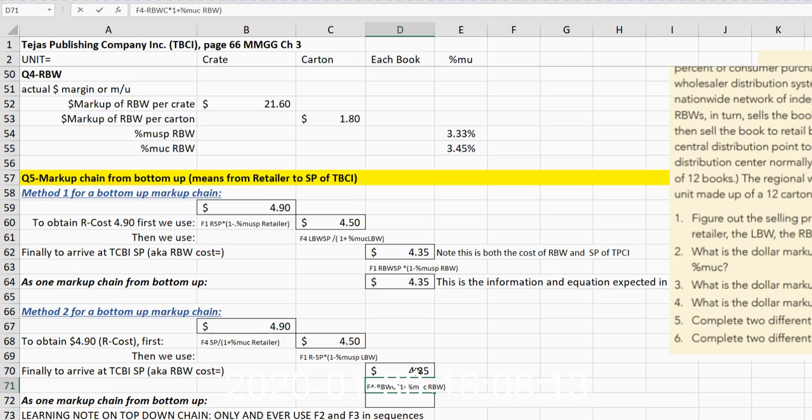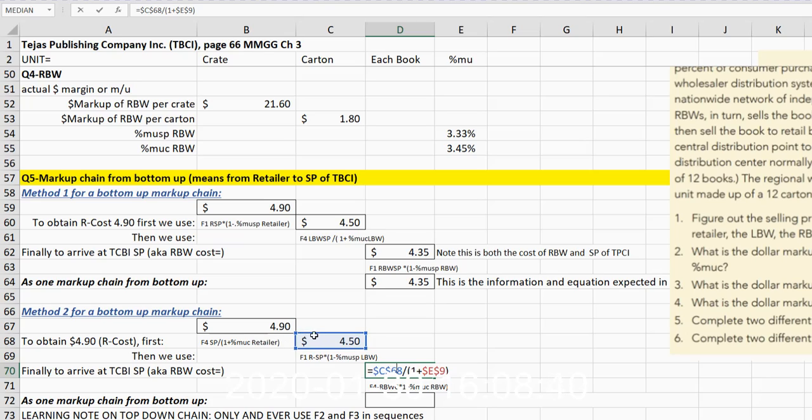Okay, so let's take a look at that. Double click this. I've got the answer here at the local level, and now I'm going one up the chain again to determine the regional wholesaler's cost, which will also wind up being the manufacturer's selling price. So I'm going to double click that.